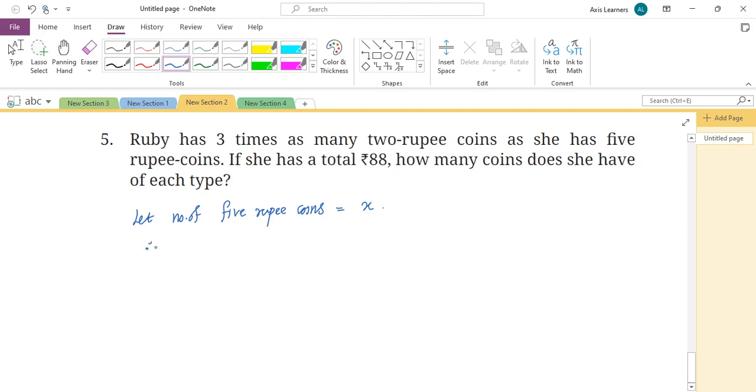Okay, then as per the question, she has 3 times as many 2 rupee coins. Therefore the number of 2 rupee coins is equal to 3x. Okay, so we have the number of coins. Now look at the next condition. She has a total of 88 rupees, so they have given the values. Okay, so we can find the value.